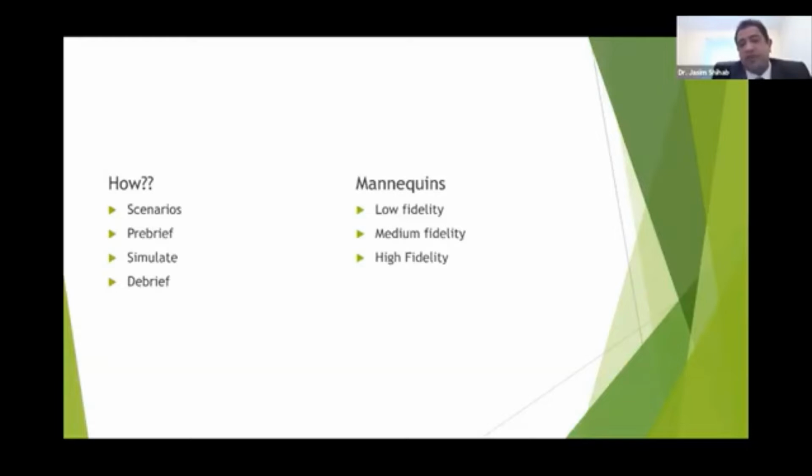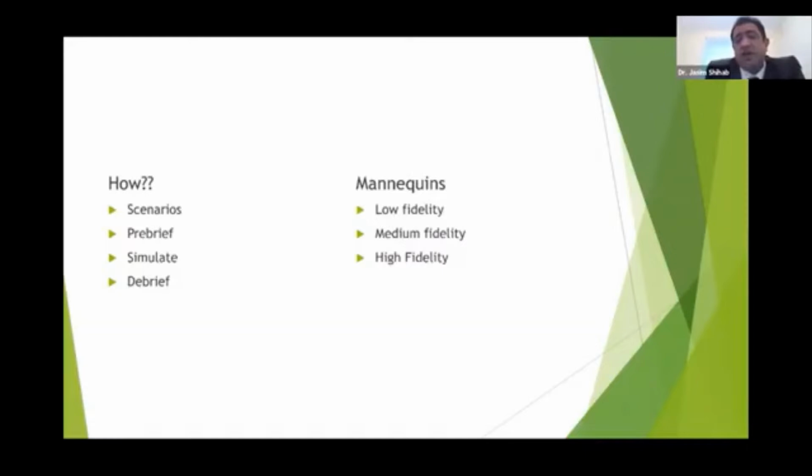Mannequins: you have low fidelity mannequins, simple task trainers where you can teach bag and mask ventilation. You'll have medium fidelity mannequins like the life cast mannequins, which have realistic airways where you can teach intubation and run different scenarios. And then you have high fidelity simulations where you have mannequins with heart rates, respiratory rates, and where you can change different modalities, the baby going blue, all that can be shown.